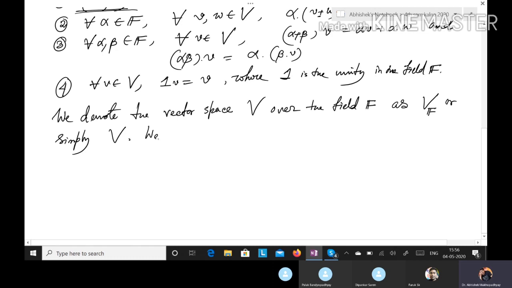We call the members of a vector space V vectors.